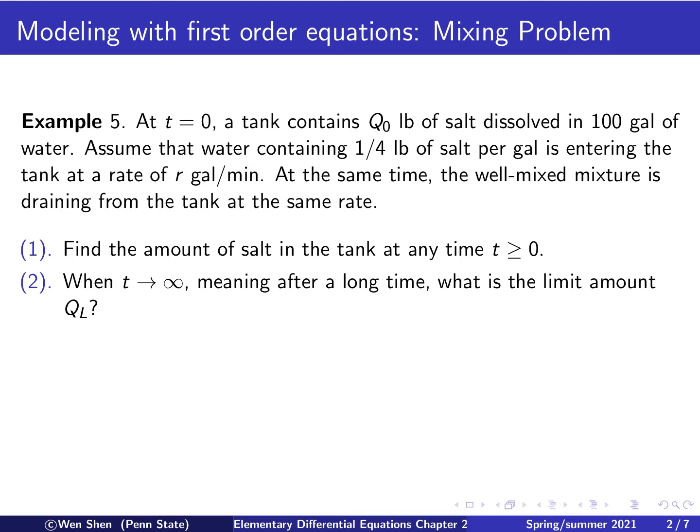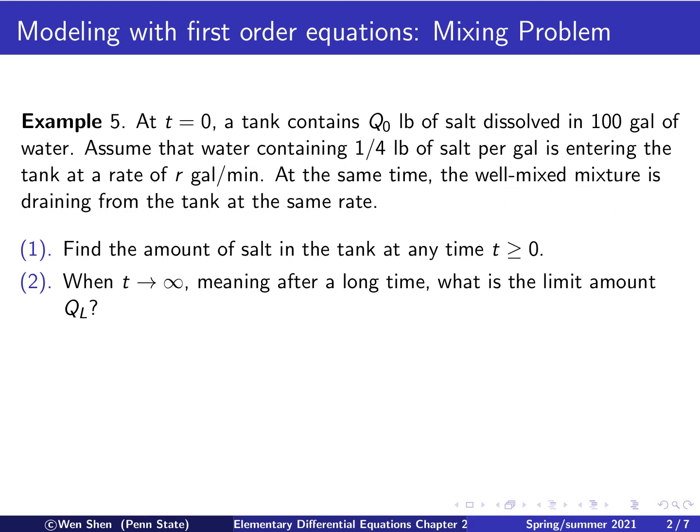Okay, so the unit for volume is gallon, the unit for the salt is pound, and the unit for time is minute. And now, assume the tank has a valve in the bottom, and one can open it, and assume the mixture is well mixed.